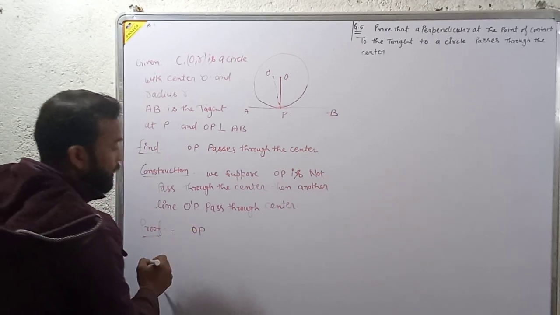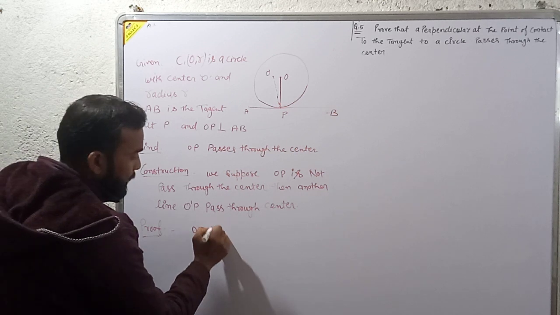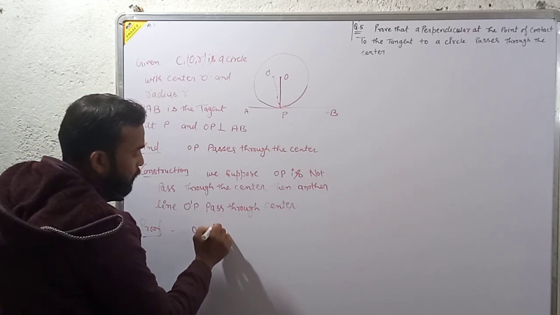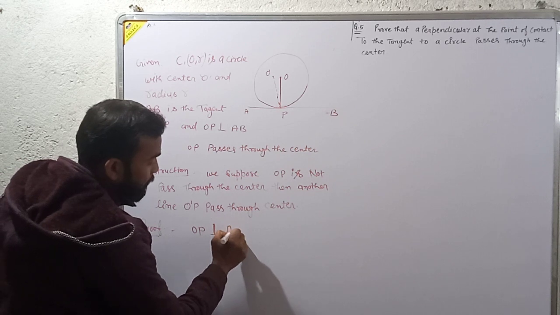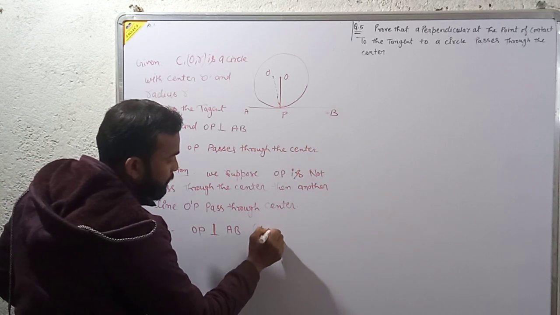Proof. OP is perpendicular to AB, given.